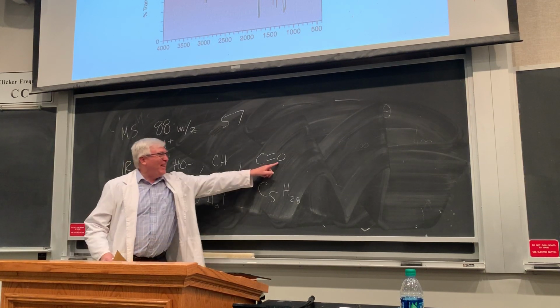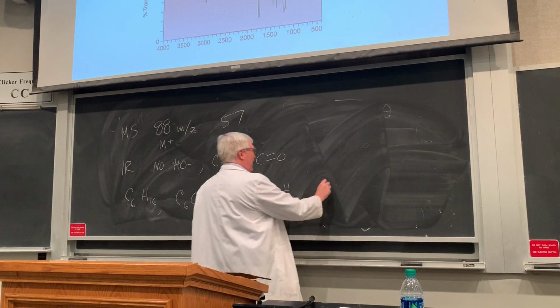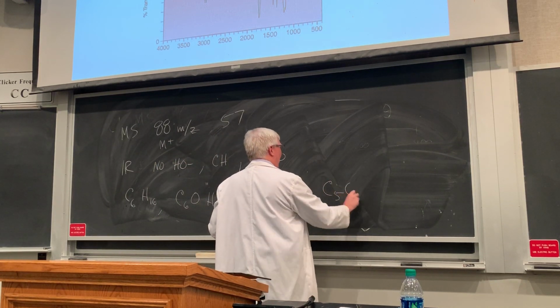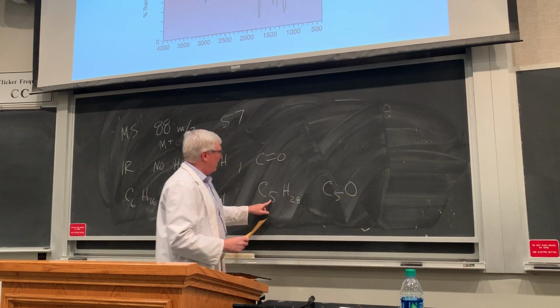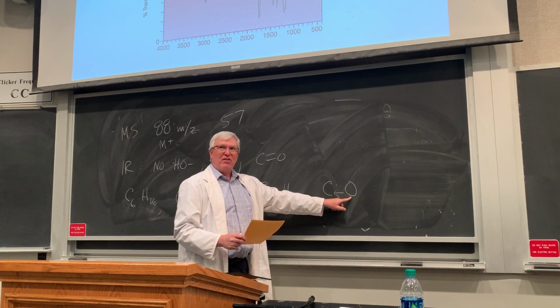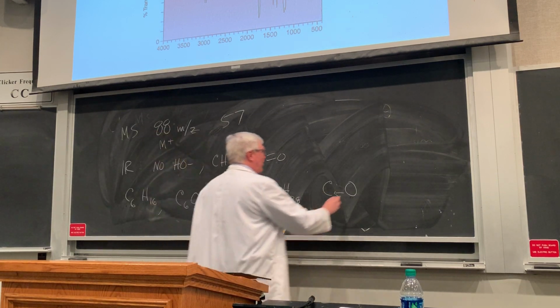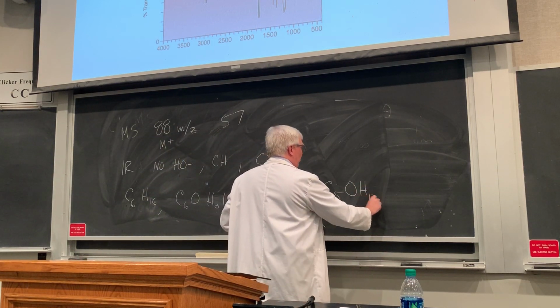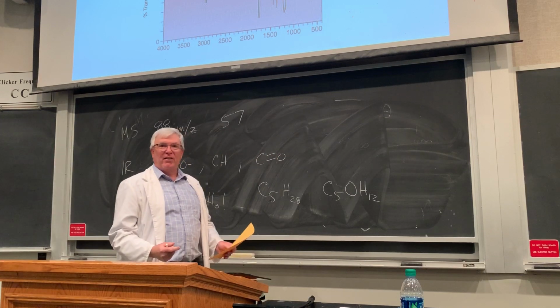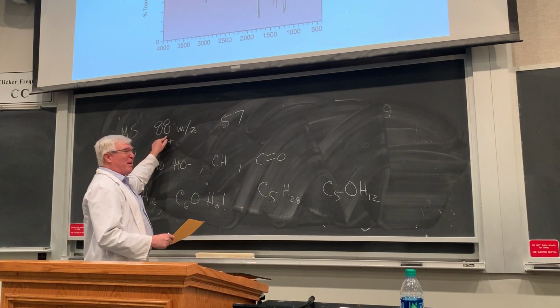Well, we've got a carbonyl, so we have at least one oxygen, right? So maybe let's figure that out. So C5O, that gives us what, 60? And then how much for oxygen? 16. So it's 76. And so how many hydrogens do we need? 12. That's perfect, right? Does this add up to 88? Is that consistent with the mass spec?